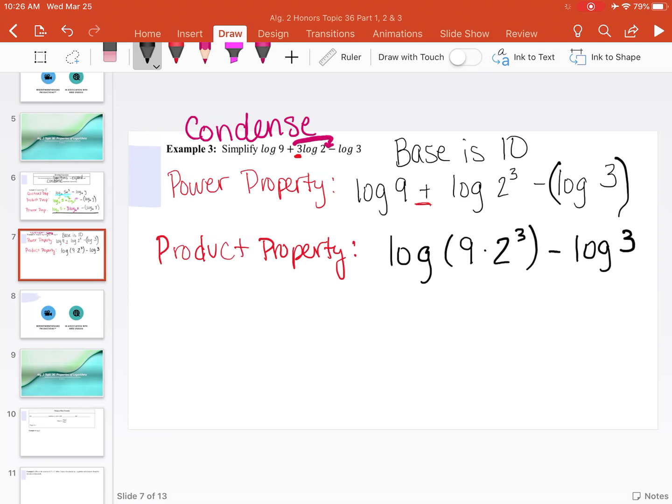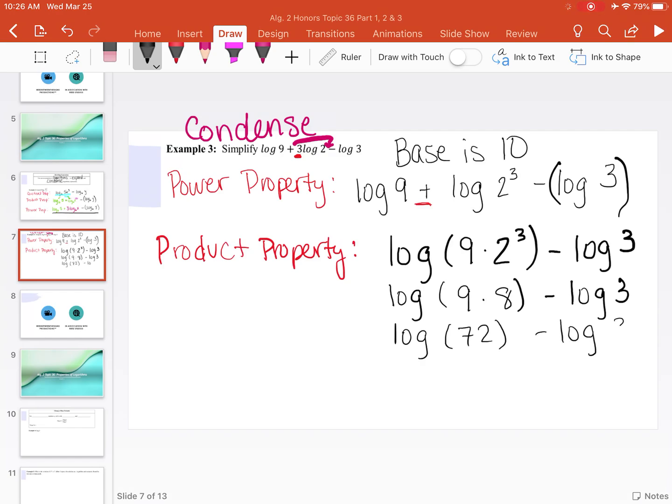Now, if we want, we can simplify this. We know that 2 cubed is the same thing as 8. So this is log of 9 times 8 minus log of 3. And we know 9 times 8 is 72. So this is really log of 72 minus log of 3.